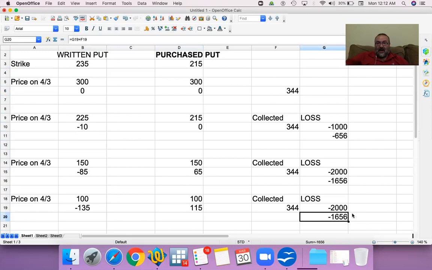However, if it goes up like we expected, then the $344 that we collected, we get to keep. So basically what we're betting on is that the price is going to go up. We collected 344 for a potential loss of 1,656.